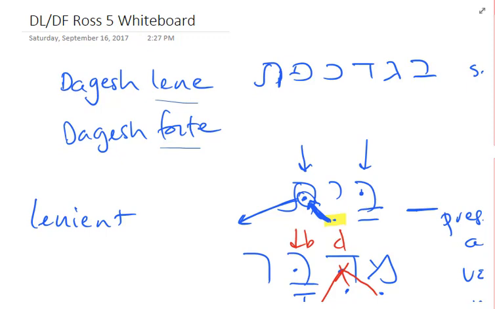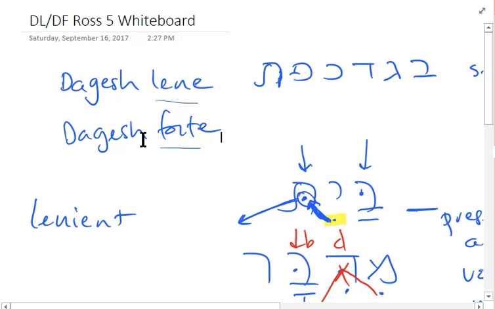Now we've learned about Dagesh lene already. It goes in a set of letters known as the Begad Kafat letters. The Begad Kafat letters are, say them with me, Bet, Gimel, Dalet, Kaf, Pei, Tav, right? Those are the Begad Kafat consonants, and they are there to help you with pronunciation.